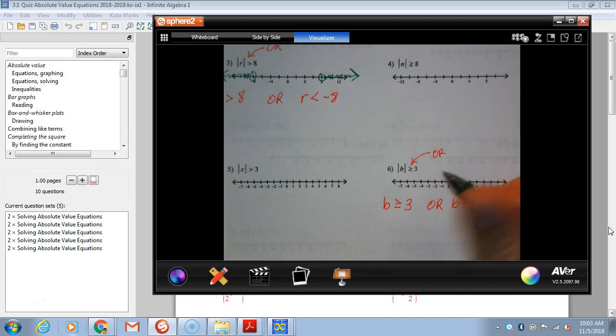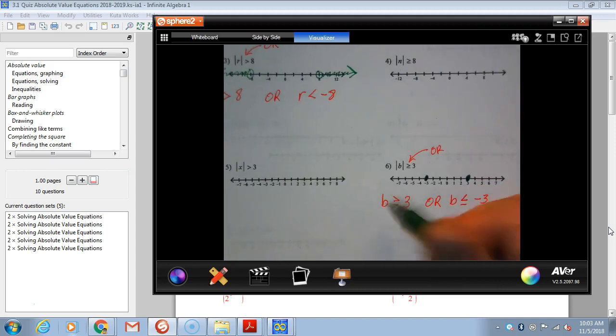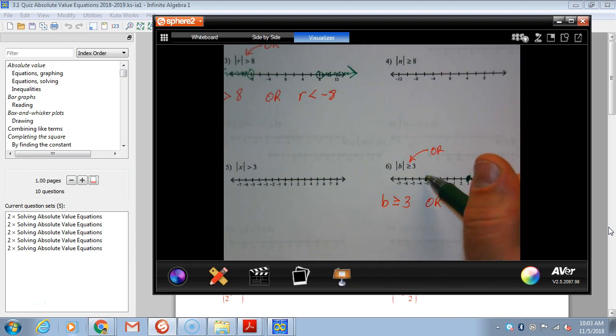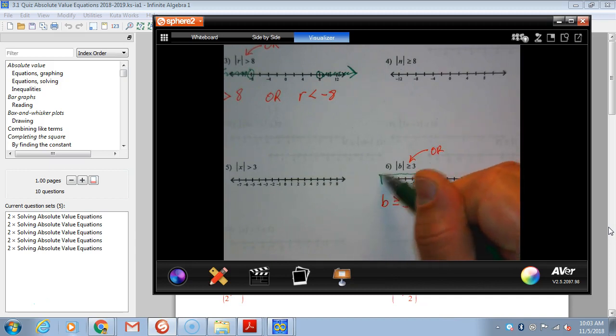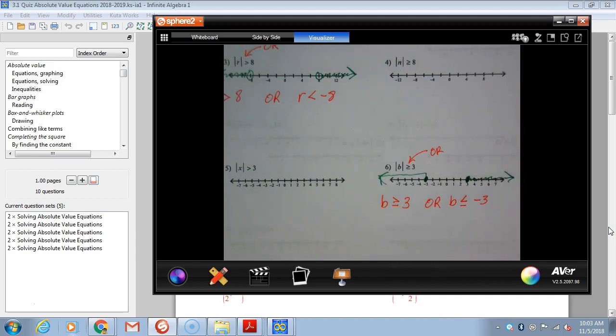This time I'm going to have closed circles. Closed at negative 3, closed at positive 3. Shade following the sign. Yeah, you could do this too. I've seen, yeah, you can do it that way too. Either way, I don't care.